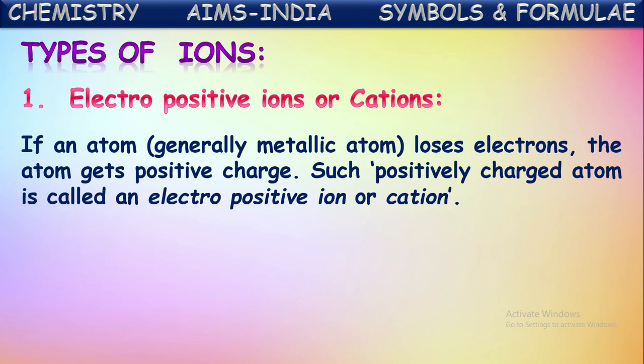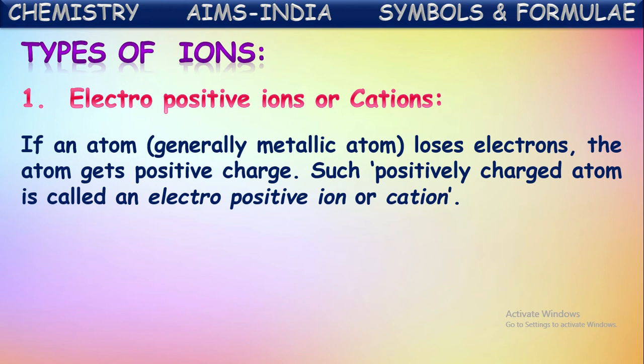If an atom loses electrons, the atom gets a positive charge. Such a positively charged atom is called an electropositive ion or cation. Some elements lose electrons and form positive ions. These ions formed by the loss of electrons are called electropositive ions, also called cations.